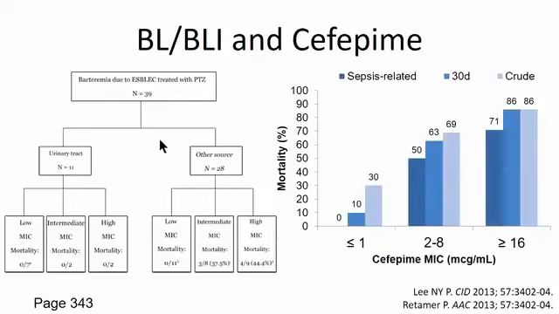We can. There's some newer evidence to suggest that beta-lactam and beta-lactamase inhibitors and cefepime might be okay options when you have certain criteria that are met. And here are some of the studies that have evaluated beta-lactam, beta-lactamase inhibitor, and also cefepime. I'll kind of go through this study first. This is a subsequent analysis of a bigger study. In the bigger study, they looked at roughly 200 patients with ESBL bacteremia.